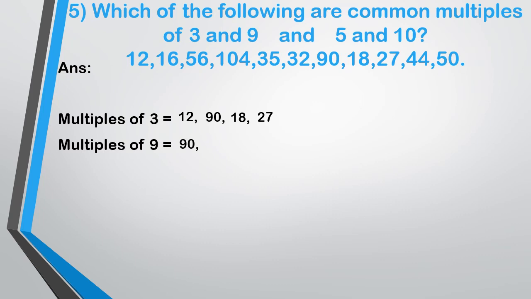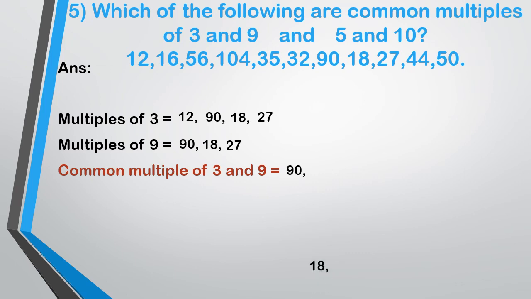But 90 comes in 9 table. 18 yes. 27 yes. 44 and 50 don't come in 9 table. Then you have to choose the common multiples. Okay, 90, 18 and 27, because 12 doesn't come in 9 table. 12 is not a multiple of 9, so you have to leave the 12, then write other 3 numbers 90, 18, 27.